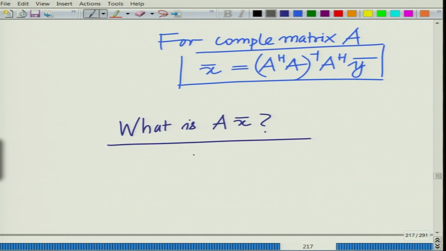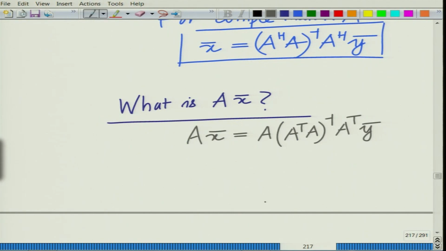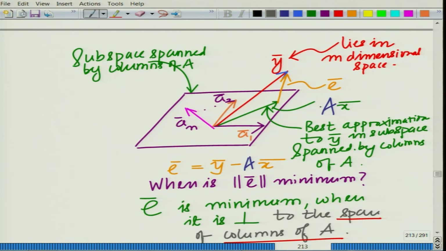A x bar is equal to A times A transpose A inverse A transpose y bar for any vector y bar. What is this quantity? Remember, if you go back and take a look at this, this is the best approximation to y bar.